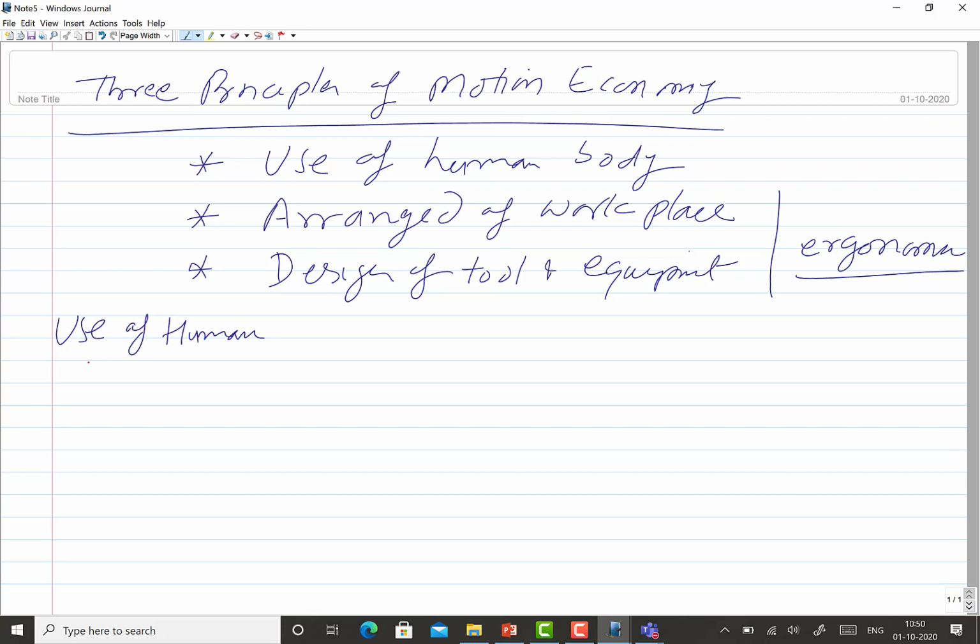it is about the work being designed in a particular way so that the job is done in the most efficient manner without causing much fatigue to the worker.